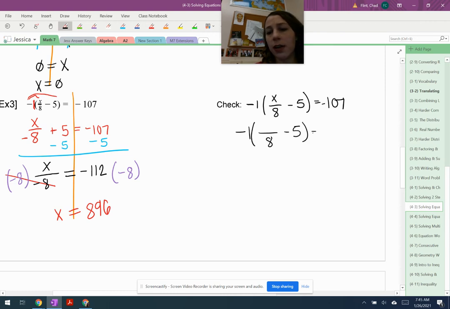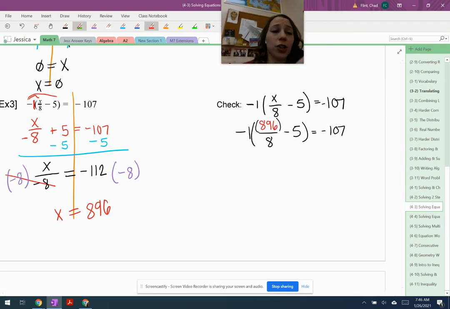Minus 5 equals negative 107. In top of those parentheses, those aren't going to be big enough parentheses. We have a giant number up there, my 896. So again, PEMDAS or GEMS, that order of operations.